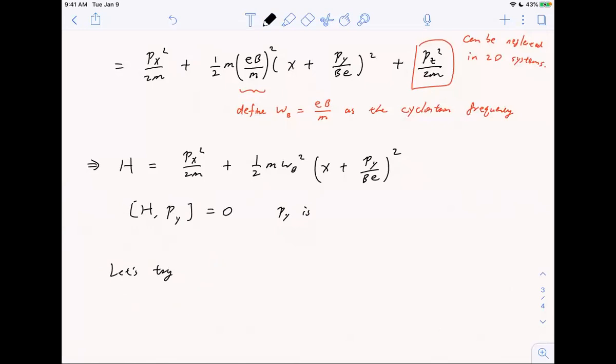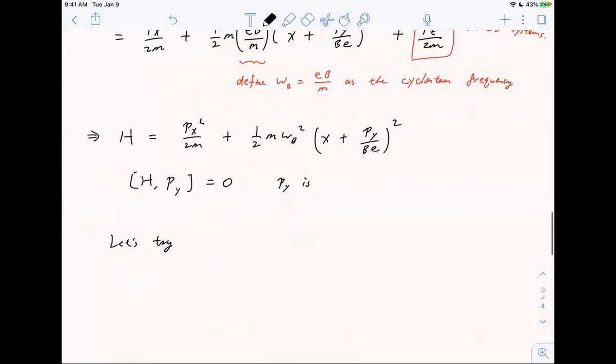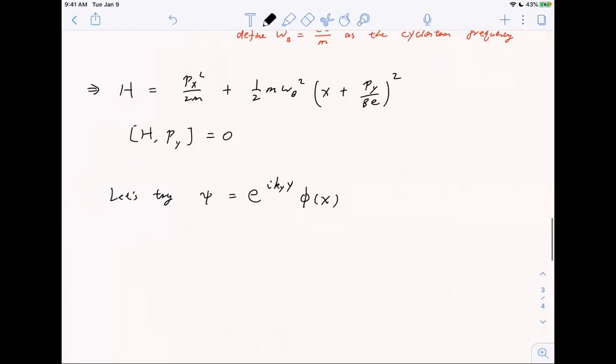What is the eigenfunction of py? It's just a plane wave, so you can separate that plane wave out. Then the wave function will become e^(i ky y), and then you have the x part.